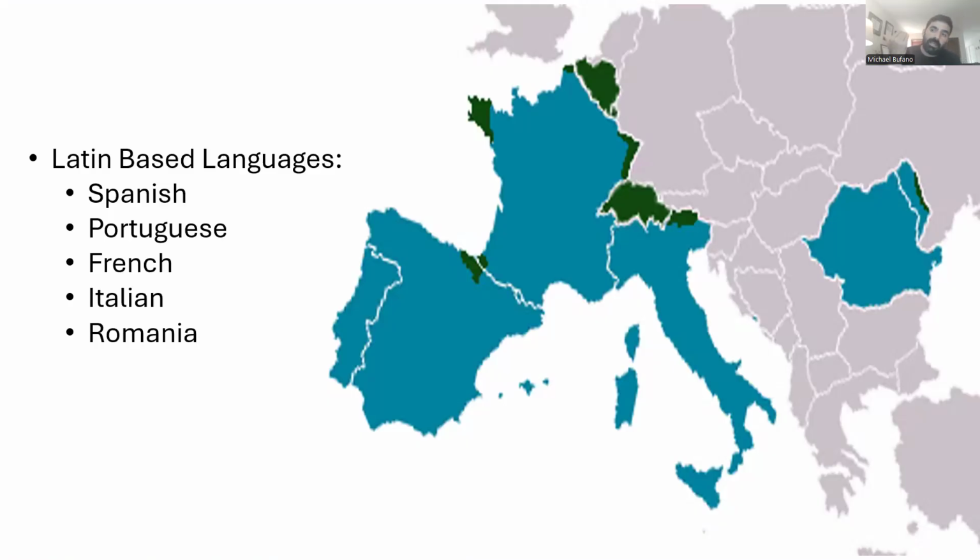One of the big reasons it has this term is because most of these countries were colonized by what we call Latin-speaking countries. So the Spanish, the Portuguese, and the French were the big colonizers, but there are other Latin-speaking countries such as Italy and Romania. As you can see, they're found on the European continent.